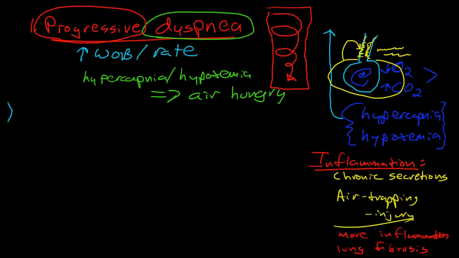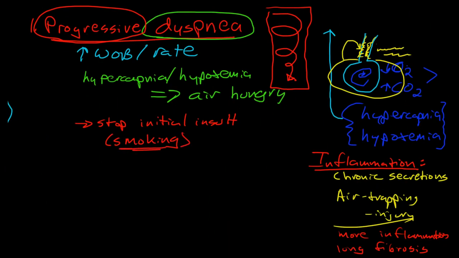But the thing that helps the most at slowing this downward spiral is to stop the initial insult, which in over 90% of cases is smoking, because this is driving the initial inflammation even more than the ongoing disease.